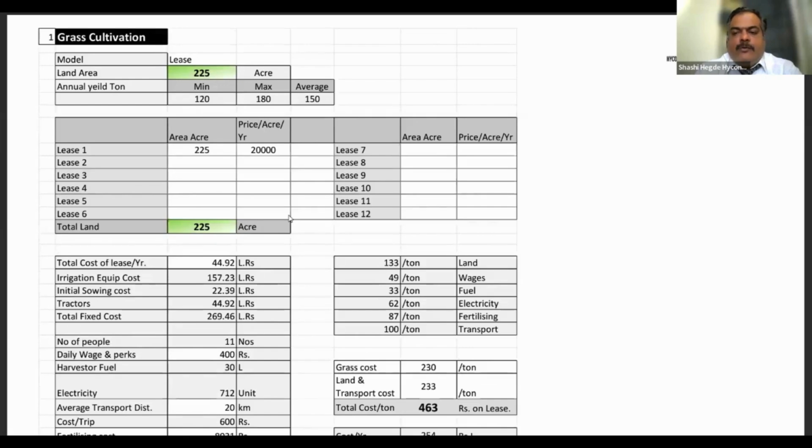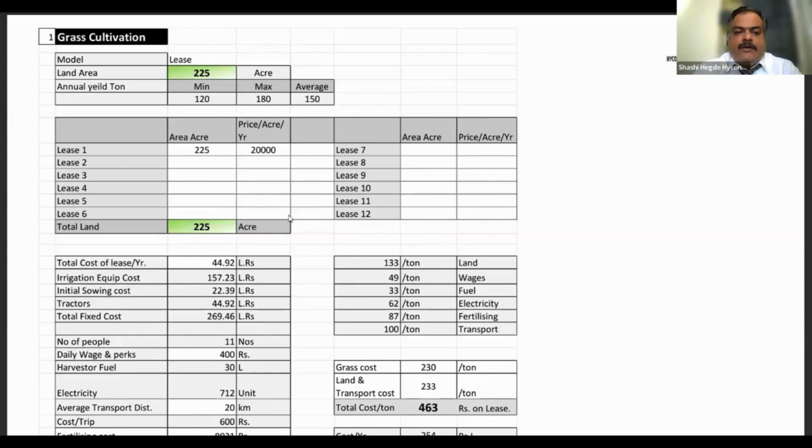The cost of the standing crop is 230 rupees, not more than that. Then we add the transportation, harvesting, and those things. The basic green crop is 230 rupees, which is the real cost. On this, of course, if you go for contract farming, you can add another 400 rupees or so as profit.